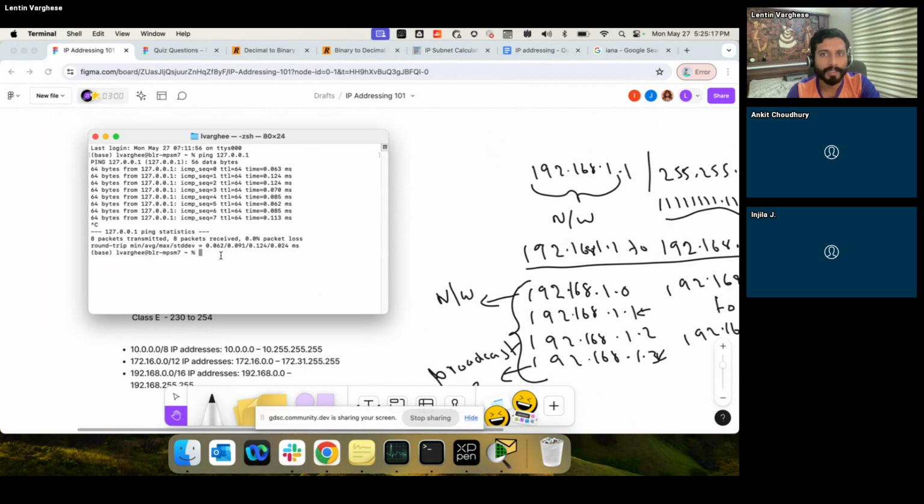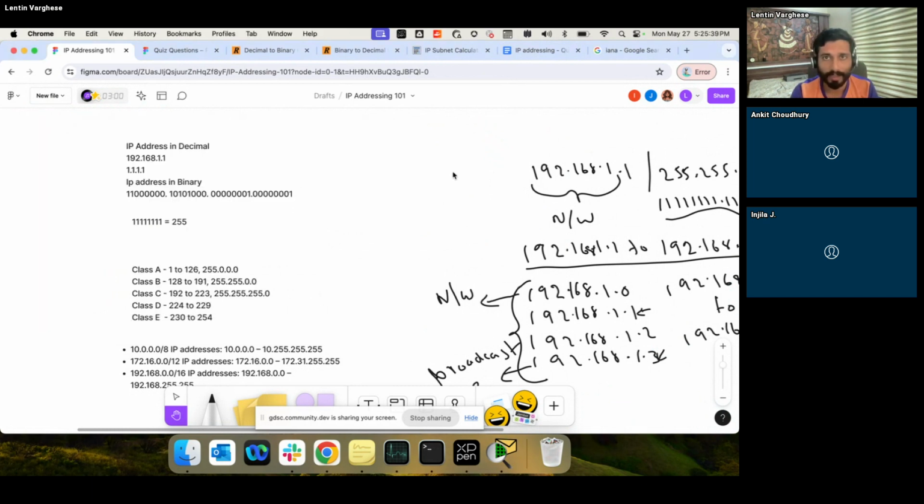Ping is a tool which utilizes a protocol called ICMP to check the connectivity between two devices. In this case, we are not checking with another device, but it is checking with its own IP address, you can say. So that's how a loopback IP address becomes useful in the computing world.